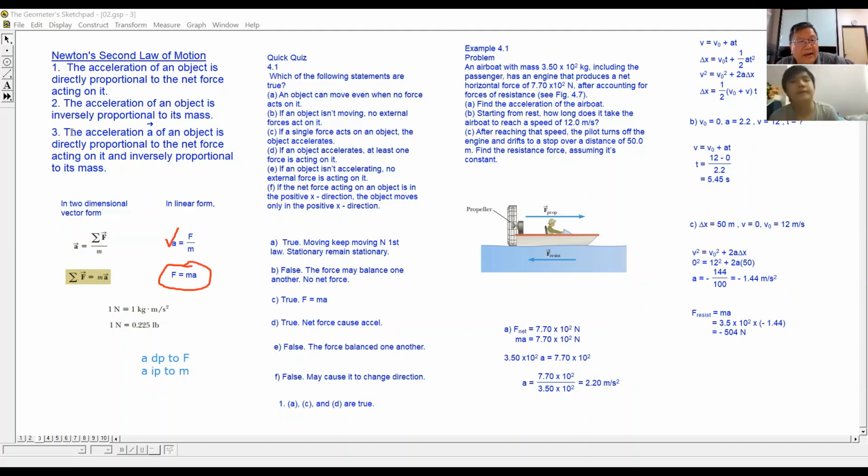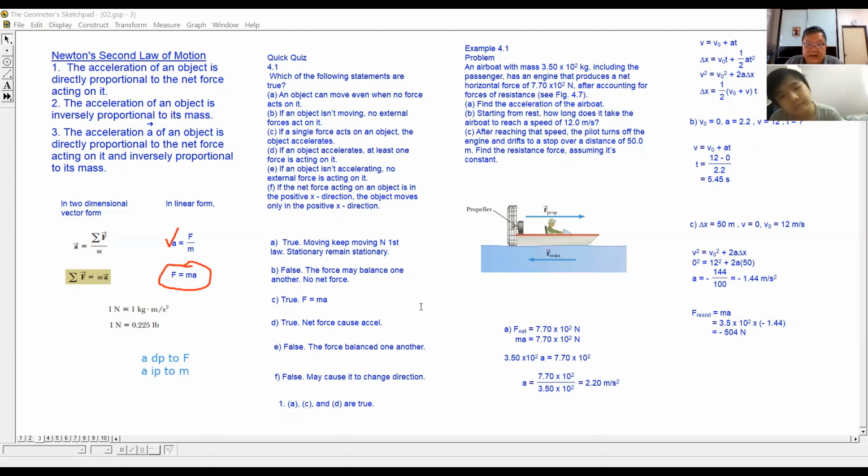So what they are saying here is about this equation, F equals ma. The net force is equal to the mass times the acceleration of the object. Now, when you look at an object, at first it is not moving, finally it is moving. That means there is an acceleration.